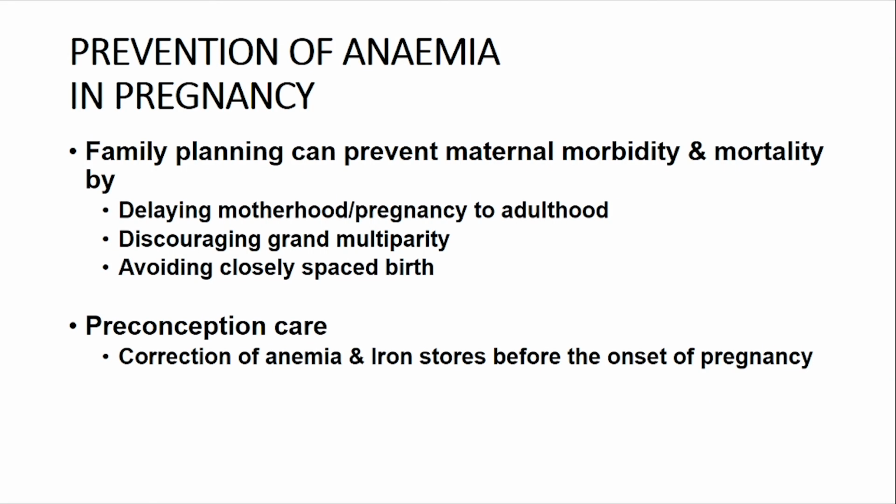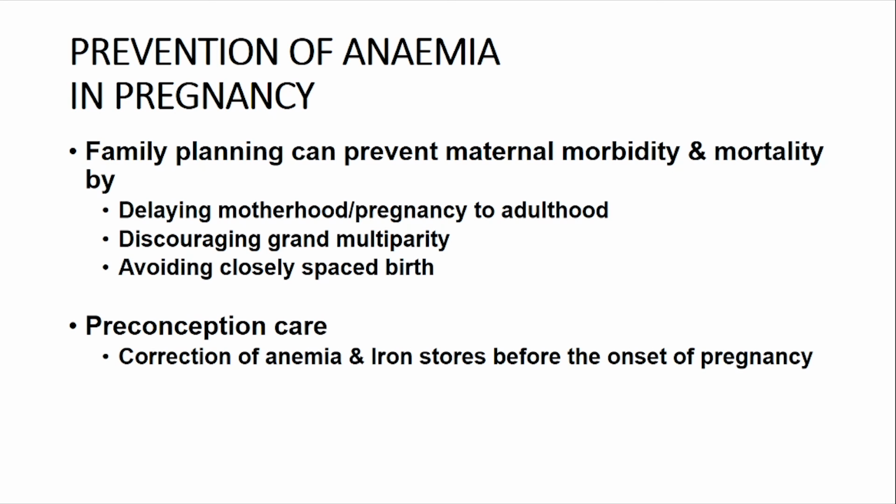How is anemia in pregnancy prevented? Prevention, they said, is better than cure. Prevention of anemia in pregnancy: family planning can prevent maternal mortality and morbidity, by delaying motherhood or pregnancy to adulthood, discouraging grand multiparity, and also avoiding closely spaced births.